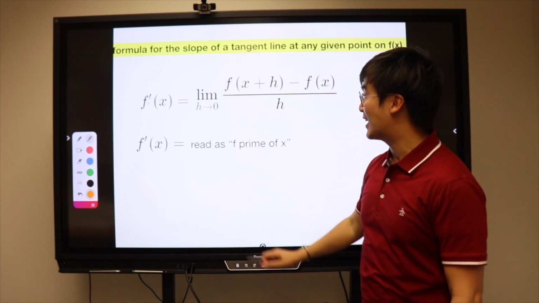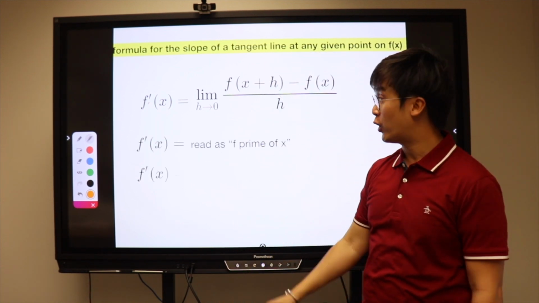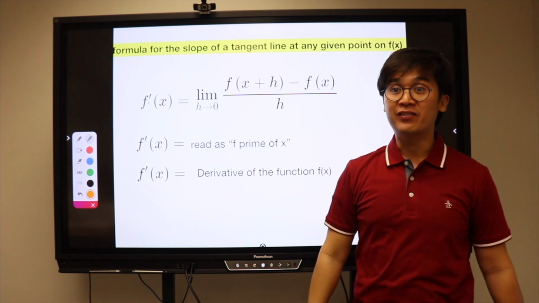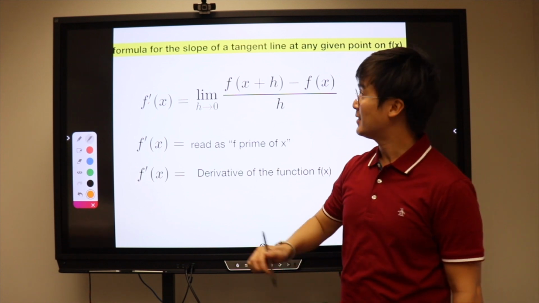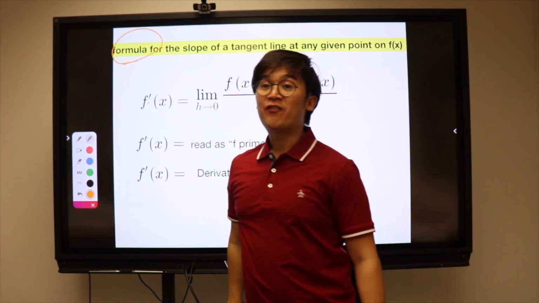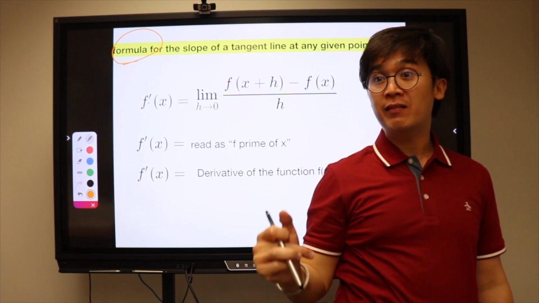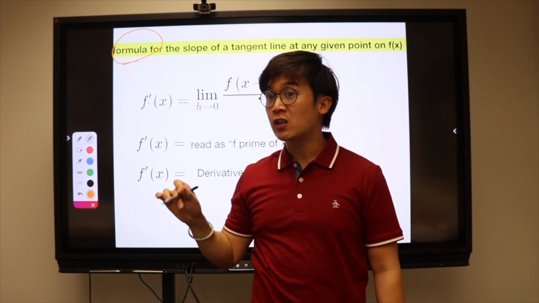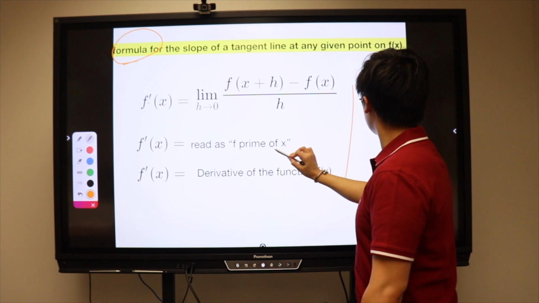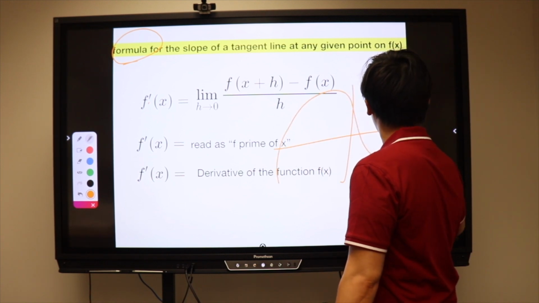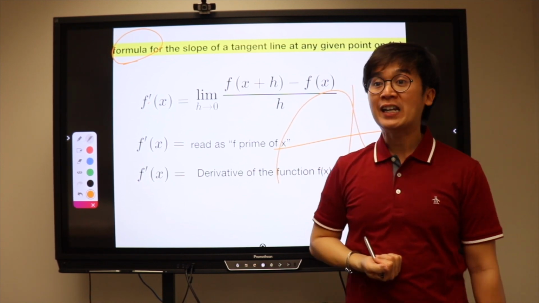And we read that as f prime of x because that is your derivative of f of x, also known as the formula that you can generate to produce the equation of the slope of any function on x.